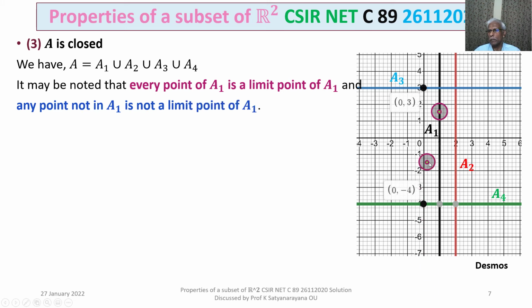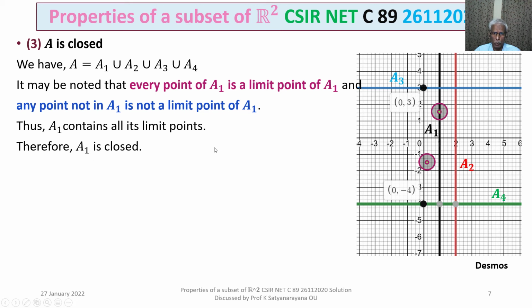Take this point, and we can always draw a neighborhood around it which has nothing in common with A1. Hence, that point is not a limit point. That means any point not in A1 is not a limit point of A1. Thus, A1 contains all its limit points.